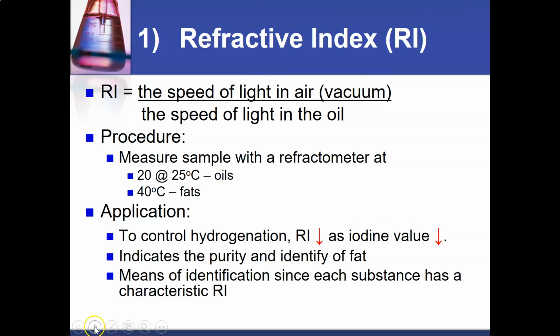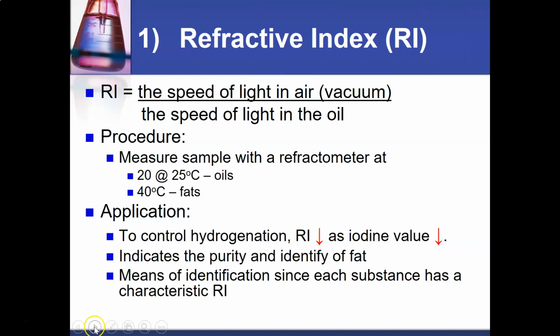So one application of refractive index is to control hydrogenation, because normally hydrogenation is from oil becoming fat. If you check the refractive index, you got the result, so you know whether the sample that we did the hydrogenation on is liquid or in solid form.